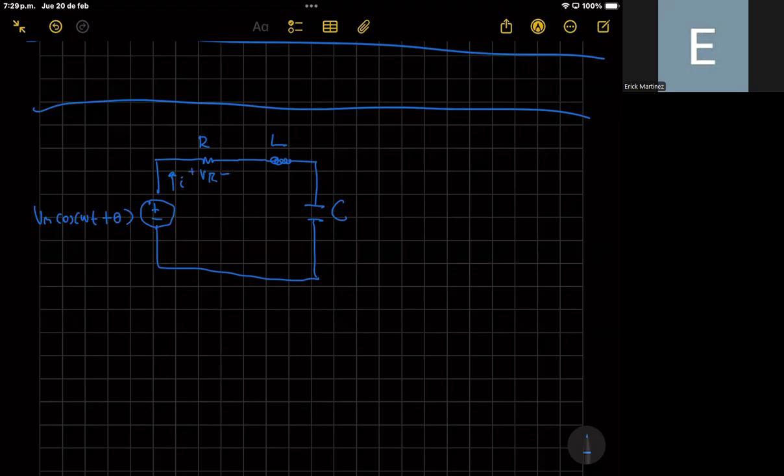The voltage of the inductor has the following polarity, and the voltage of the capacitor has the following polarity.